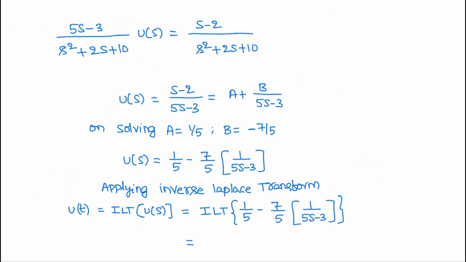So equating the above two equations, we will have u of s is 1 by 5 minus 7 by 5 into 1 by 5s minus 3.